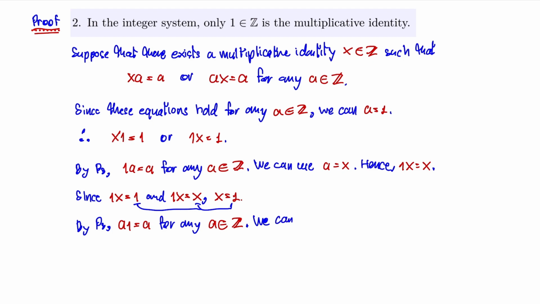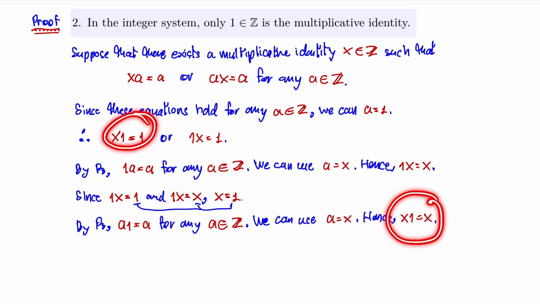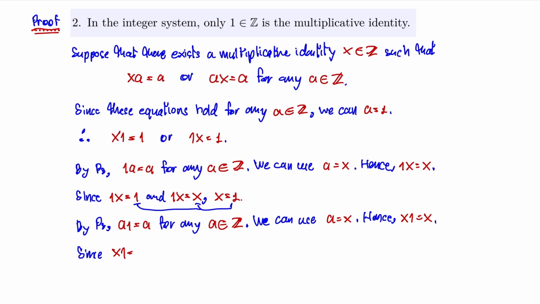So we can plug in a equal to x, hence we have x1 equals x. Since x1 equals 1 and x1 equals x, we have x equal to 1.